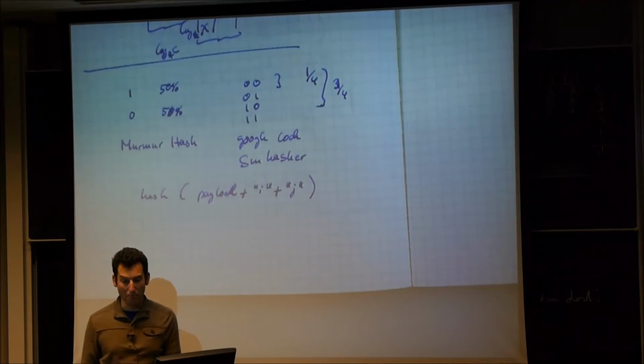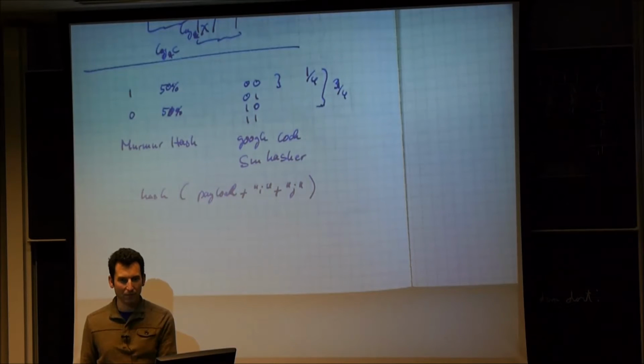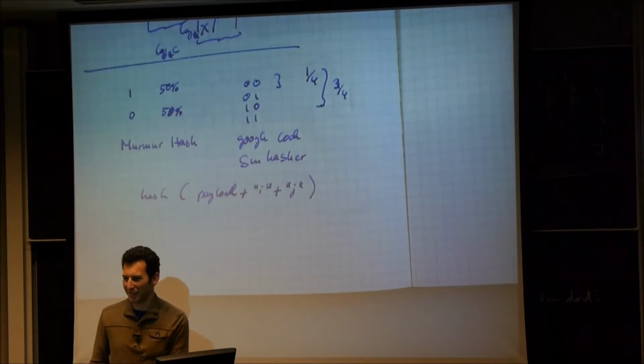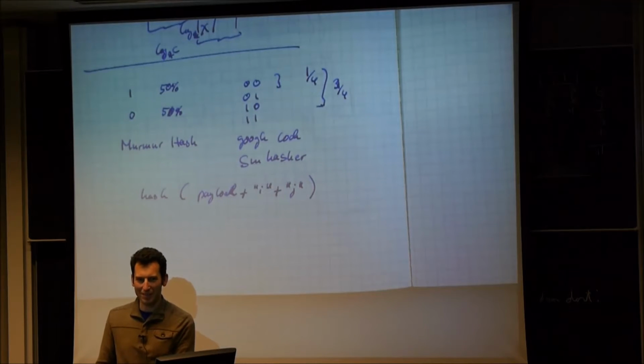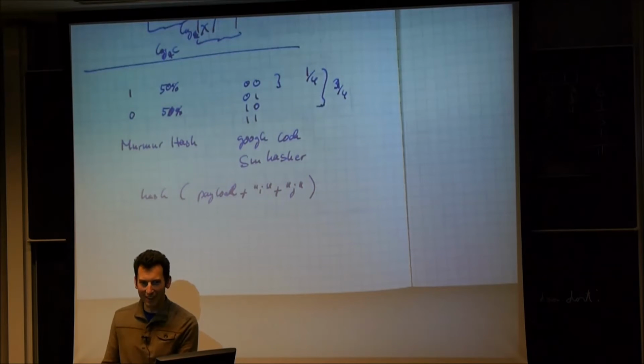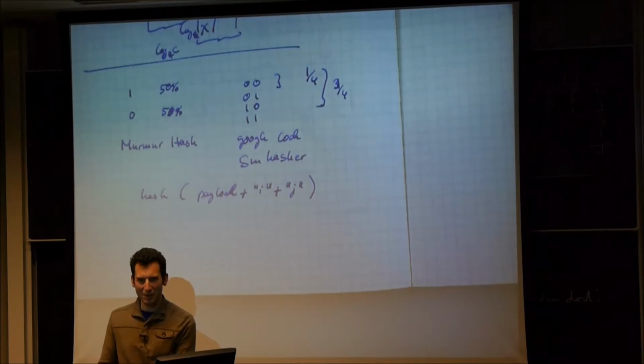So this is what I use in the dictionary in Python? I don't know. If the Python dictionary is implemented in Python, which I don't think, they would be using it. They might still be using it because the guy who implemented the dictionary didn't really understand what he was doing.